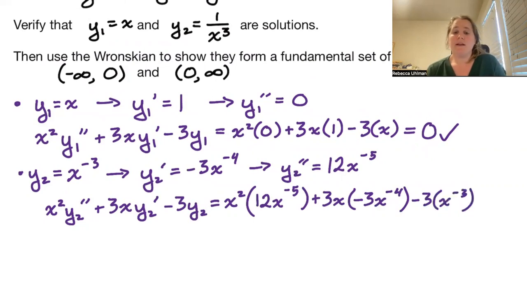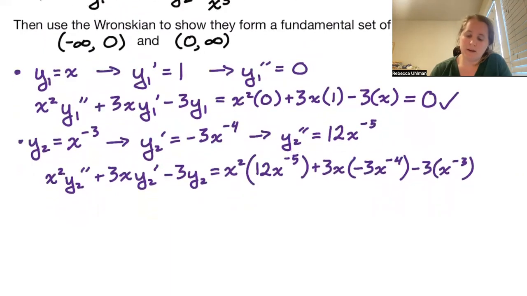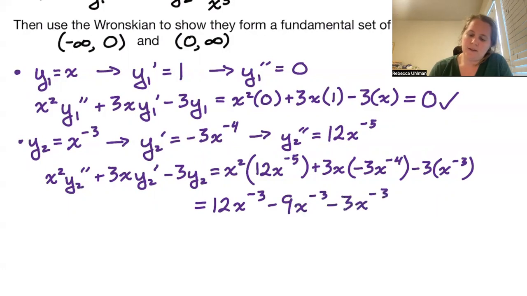When we multiply the exponents, we just wind up with x to the negative 3. So we have 12x to the negative 3 minus 9x to the negative 3 minus 3x to the negative 3. And that is indeed equal to 0. So we know these are both solutions.